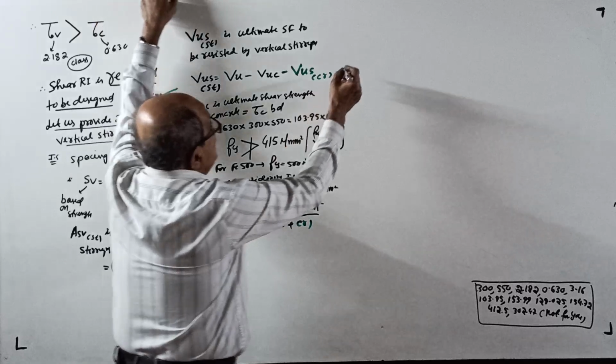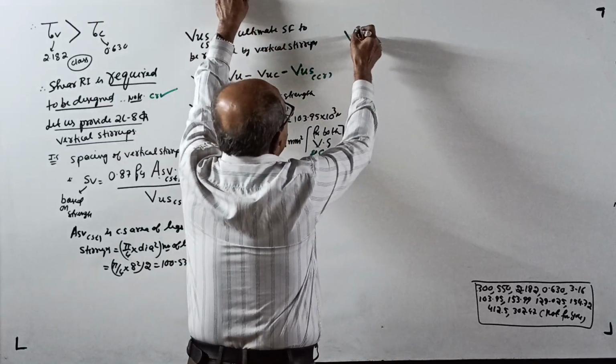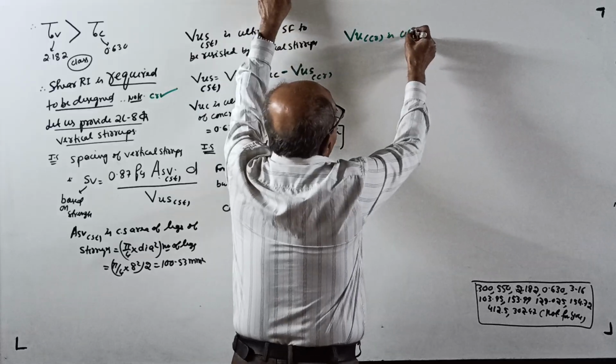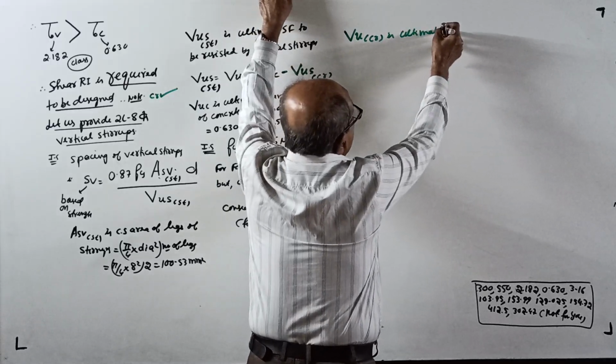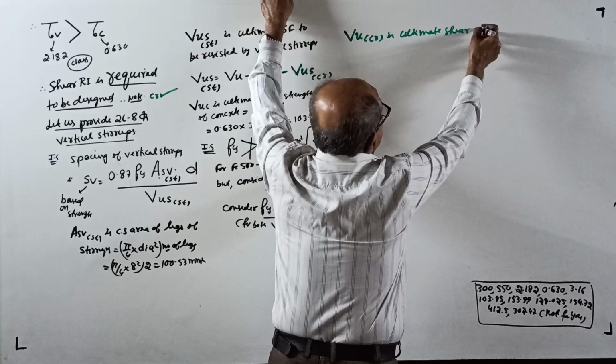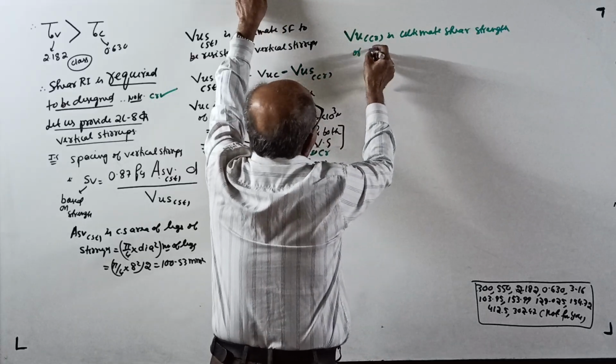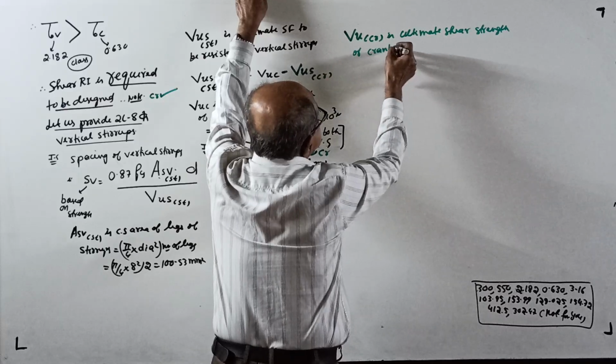I write here, VUSCR is ultimate shear strength of cranked bars.